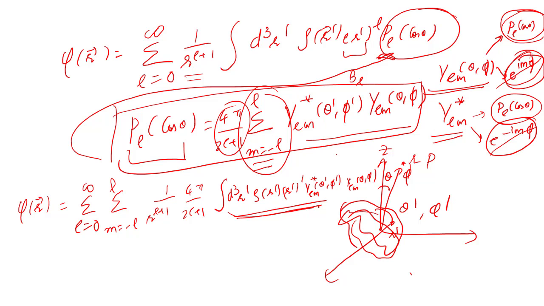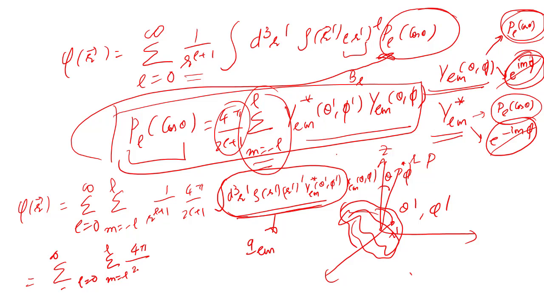You can take this term and call it q_lm. Then we can rewrite this as the sum over L from 0 to infinity, m from minus L to L, of 4 pi by 2l plus 1 times 1 over r to the power l plus 1, q_lm, and here we have just Y_lm theta phi.